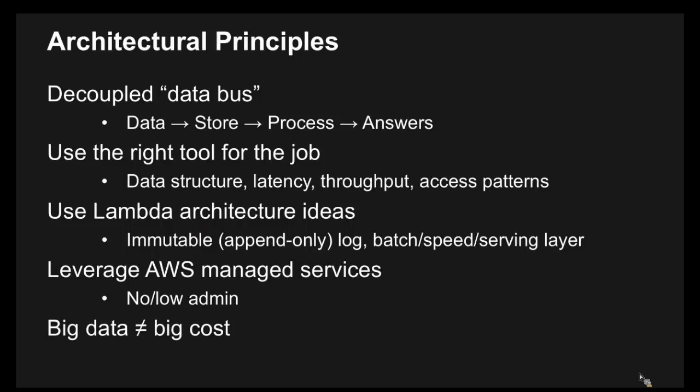And in many cases, rather than building just real-time systems or batch systems, it is more economical to build systems that composite both batch and real-time and serve a view to the end customer or end application that composites both. I will go through a reference architecture on AWS as to how to build a system based on Lambda architecture.